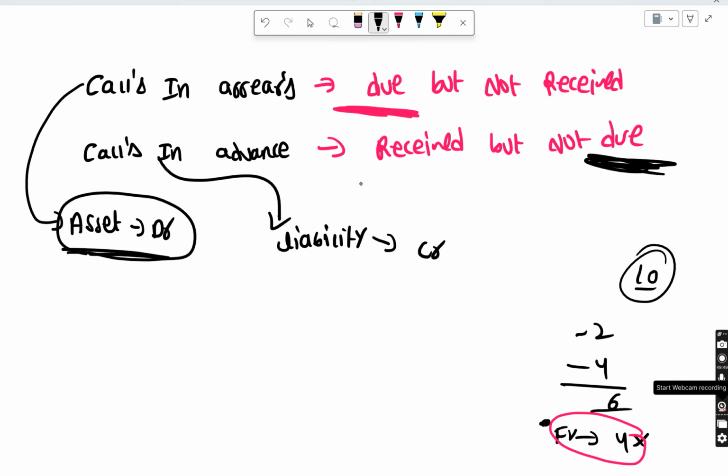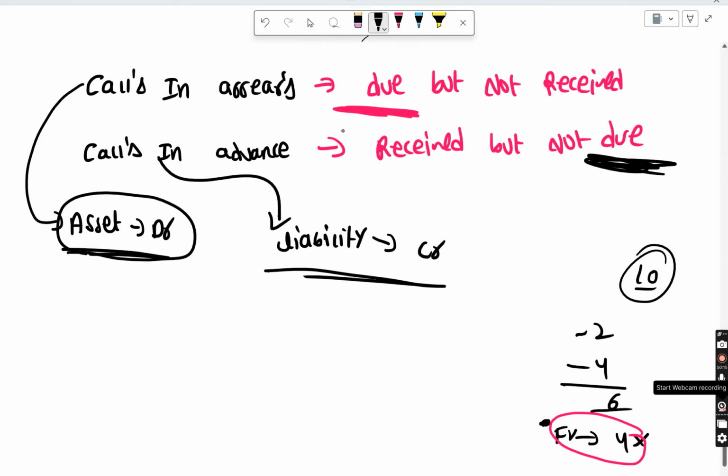Let's just say I paid rent for 12 months in advance to my landlord. If you think from my landlord's point of view, it is a liability for him because he needs to provide shelter to me for 12 months because I already paid money. He received in advance. So whenever we receive in advance, for us it is going to create an obligation.